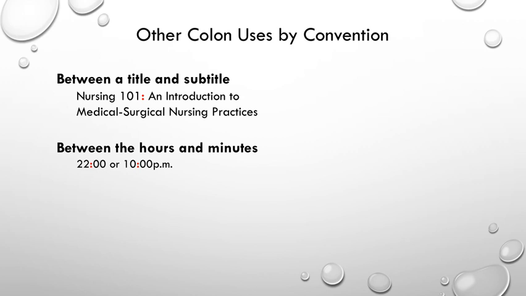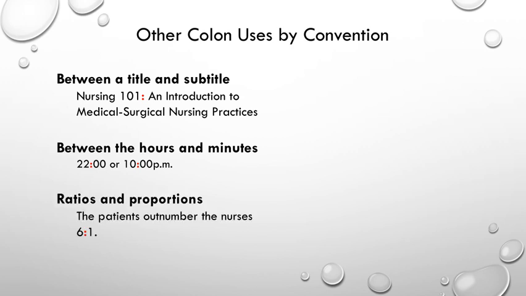The next example here, between hours and minutes, right? So military time or standard time, we put a colon in between them. Military time does not. Ratio and proportions. So if you're saying 6 to 1, so there are 6 patients to every 1 nurse, for example, you could say the word to in between them, or you can use a colon.